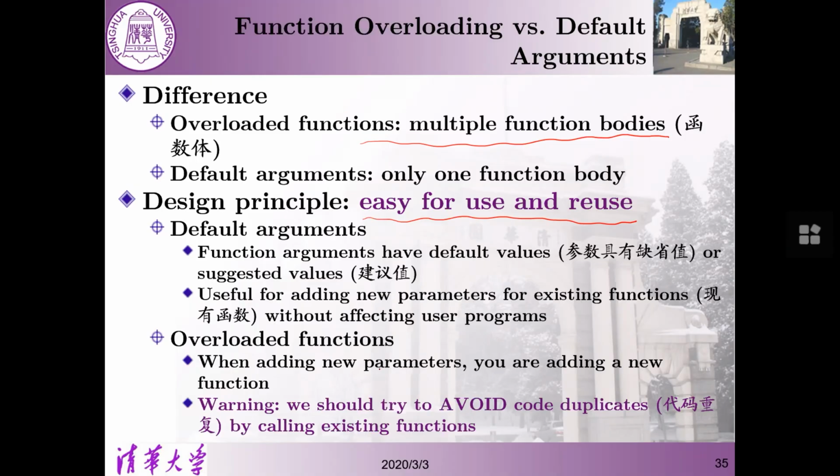For overloaded functions, if we want to add new parameters, we have to add a new function. We should try to avoid code duplication. If we just add a new parameter and then add a new function, we'll have to duplicate the function body, so we should try to avoid those cases.